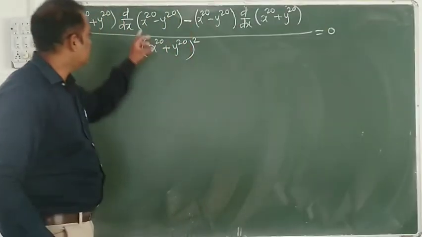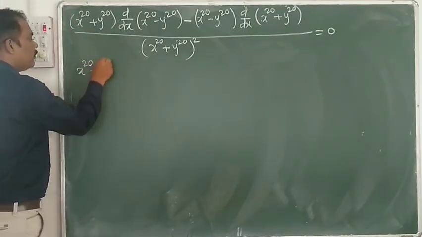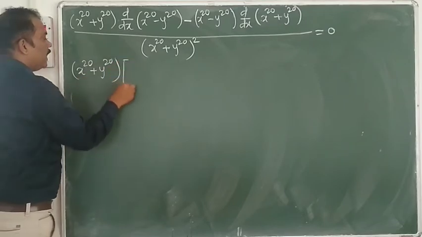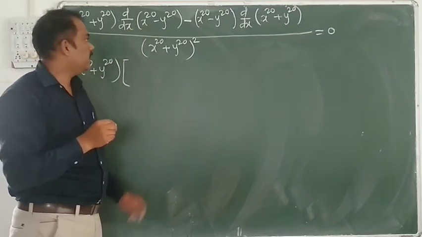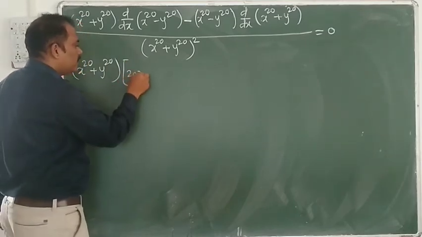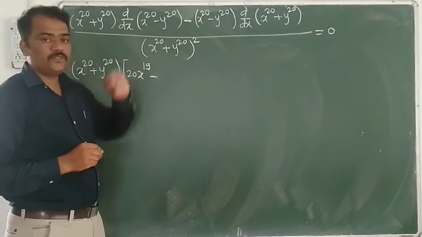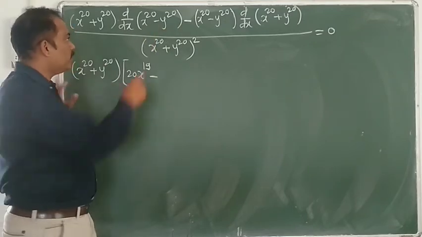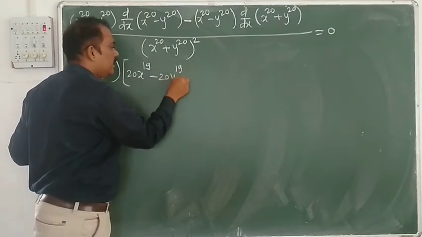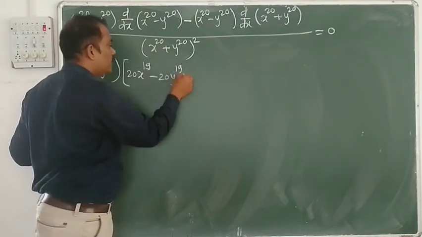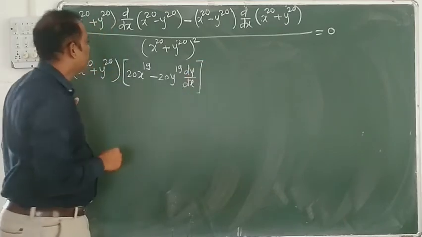Now we have to take the derivative. (x raised to 20 plus y raised to 20) into bracket. What is the derivative of x raised to 20? Yes, correct. 20 into x raised to 19, minus. What is the derivative of y raised to 20? Yes, correct. First we use the power function formula, that is 20 into y raised to 19 into the derivative of y with respect to x, that is dy by dx, bracket complete.